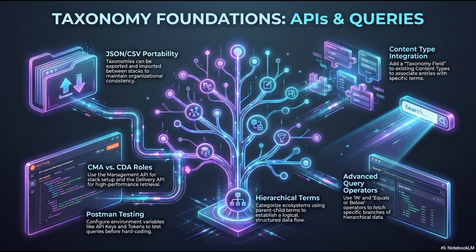So we're covering everything. Everything. We'll cover the mechanics of importing and exporting complex structural data, securely configuring your API testing environments, manipulating the content management APIs to build hierarchies programmatically, modifying content type schemas, and finally, executing highly optimized front-end delivery queries.